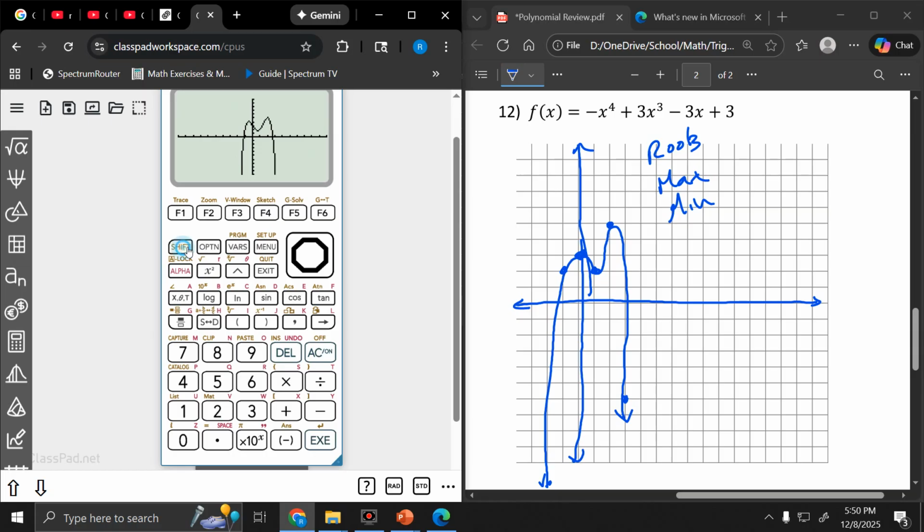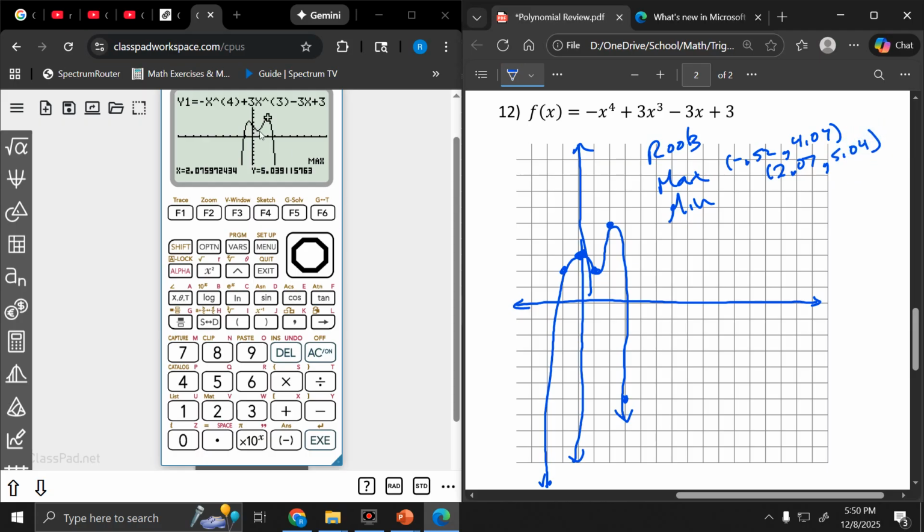So I have two maxes, so shift G solve max, and I have negative 0.52 comma 4.07, and I'll press arrow to get this one, and that is 2.07 comma 5.04.